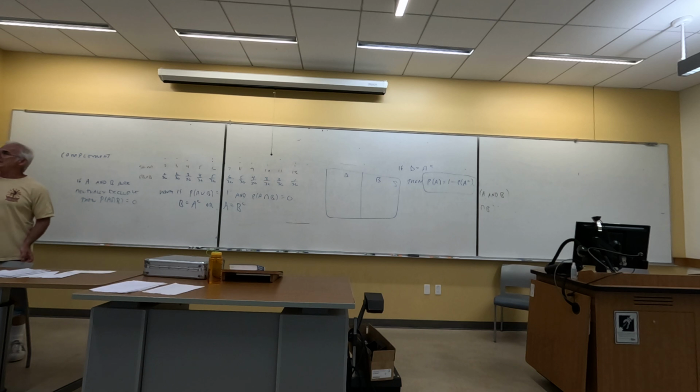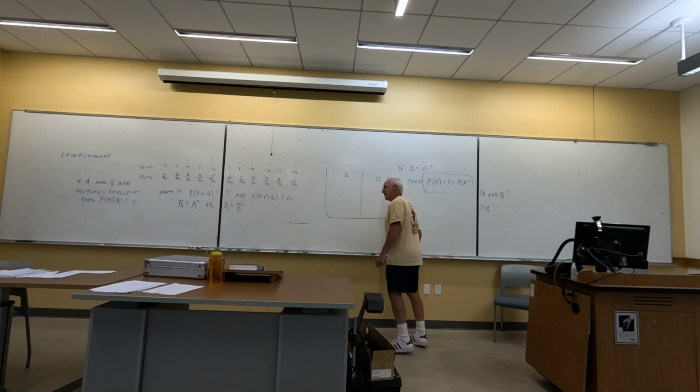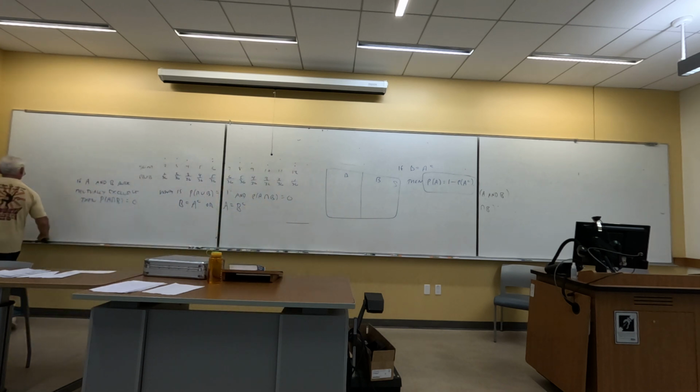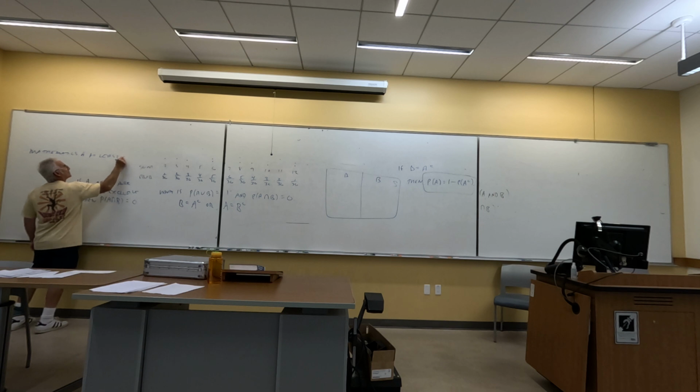But this also gives rise to an entire new set of types of problems. This is one of my favorite types of problems. It's called the mathematics of at least 1. Now, there are certain rules.